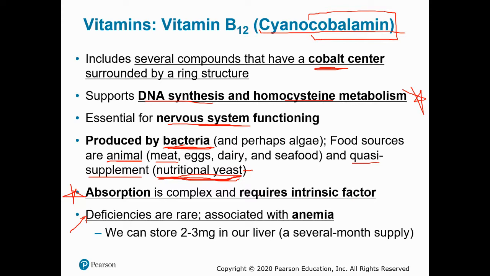The RDA for B12 is relatively low. And again, for the history of the US anyway, many United Statesians have been pretty heavy meat eaters. These days, we're starting to see a little bit more B12, actually, maybe I should say a lot more B12 deficiency. And that's again in part because of the hypersanitization of our food system.